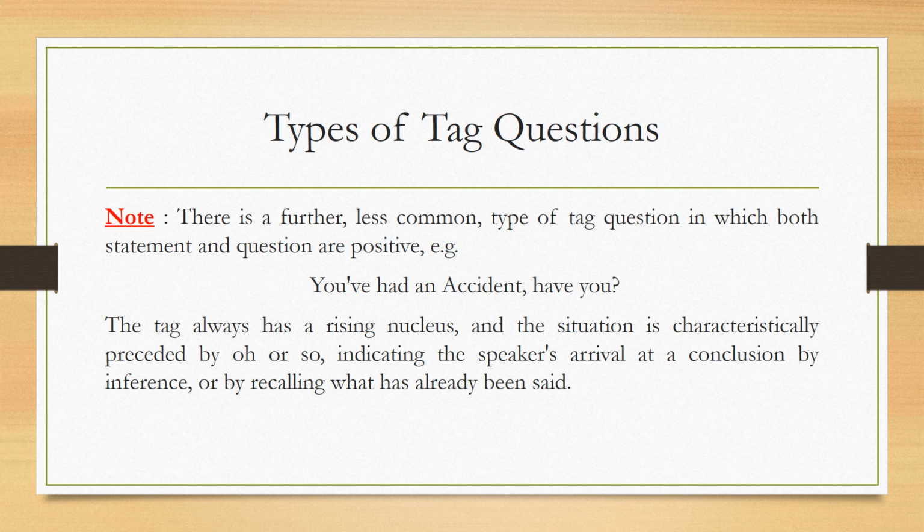Here the speaker is making a conclusion. He has some logical inferences. Something happened, and when the speaker is thinking of this thing that happened, he or she has come to a conclusion. How is he or she going to form this conclusion? They are going to make this in the form of a tag question.